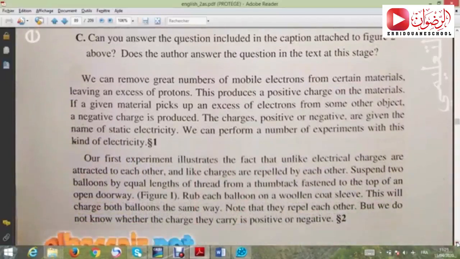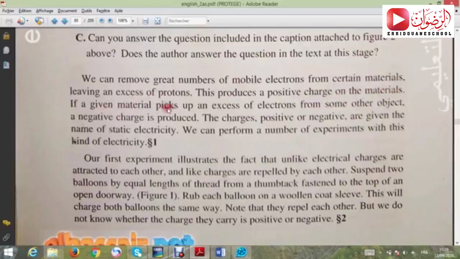We can remove a great number of mobile electrons from certain materials, leaving an excess of protons. This produces a positive charge on the materials.